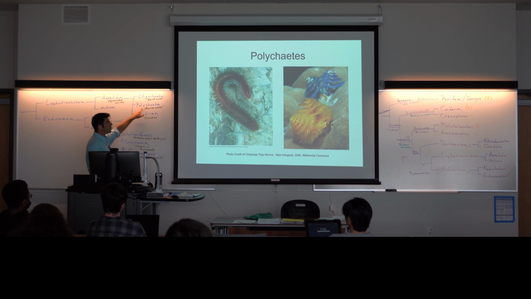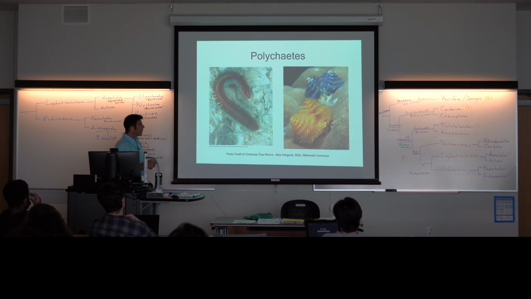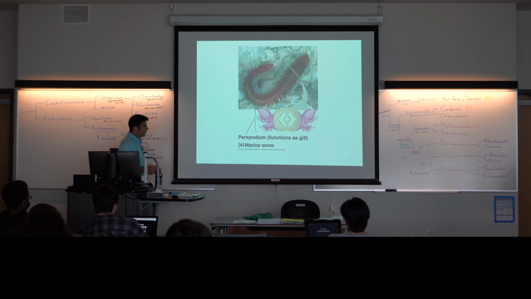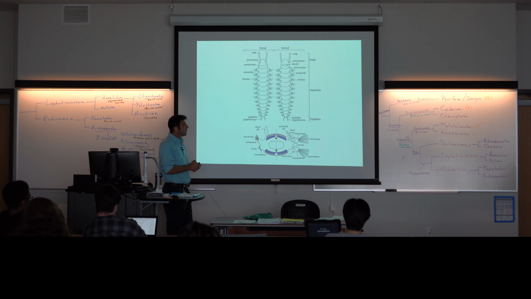I'll go back to this picture of polychaetes. We can, right off the bat, see all of these parapodia, those appendages on each segment that are elaborate, tell us we're looking at a polychaete. And there are all of the chaetes. We can see things like bilateral symmetry, so there's an obvious head region and then a tail region. We can see a bunch of segments.